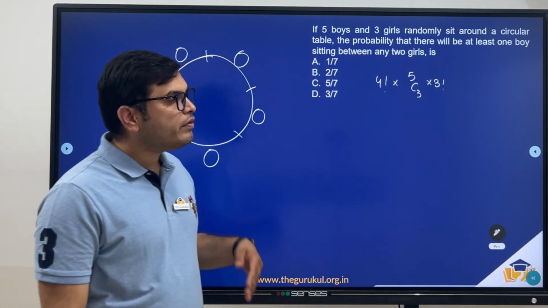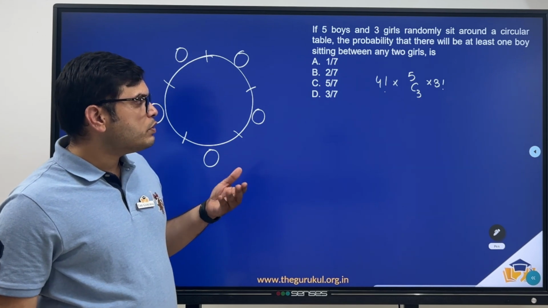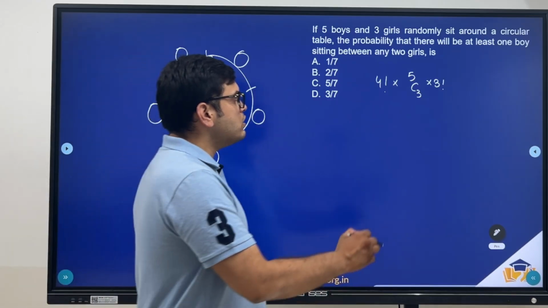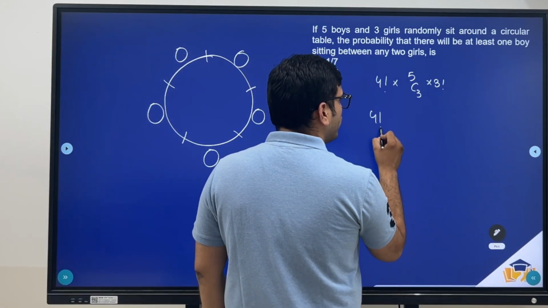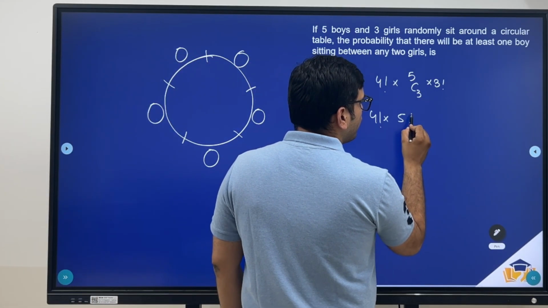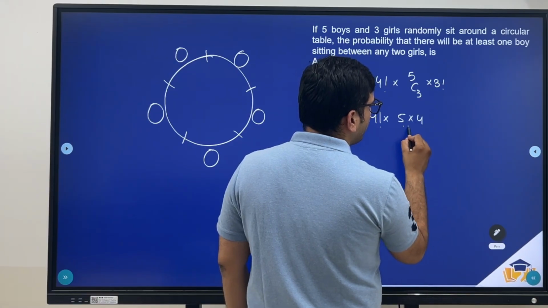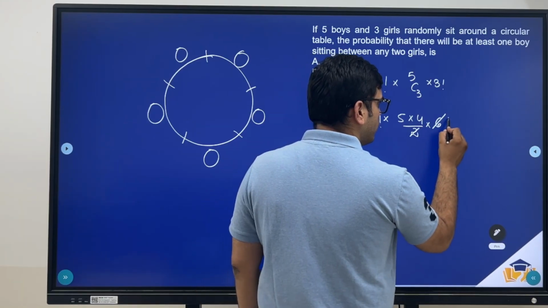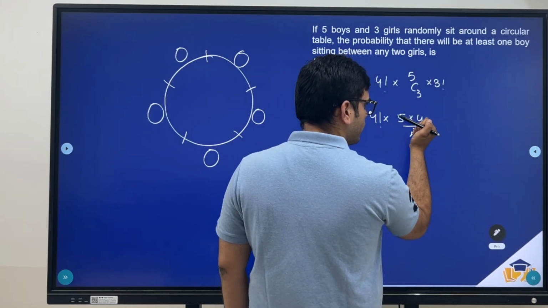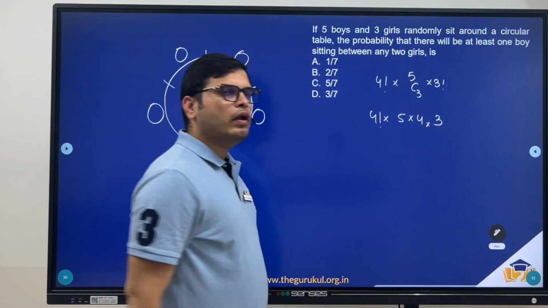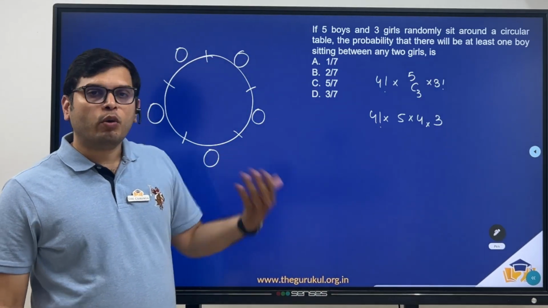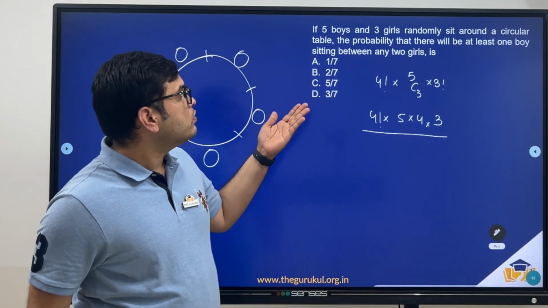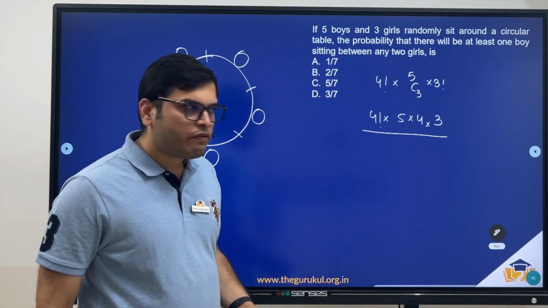Right. Now this is the total number of possibilities where you cannot have any two girls sitting adjacent to each other. So this is nothing but 4 factorial into 5 into 4 by 2 into 6, or 3 factorial. Now these are the total favorable outcomes by total number of outcomes. So 8 sitting around a circular table, 7 factorial.